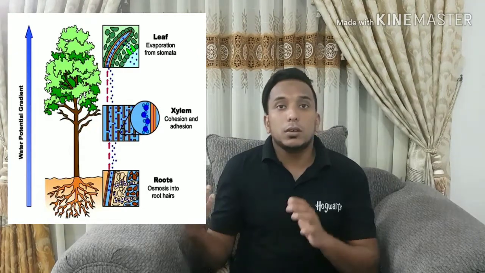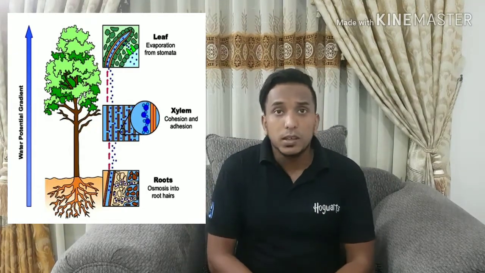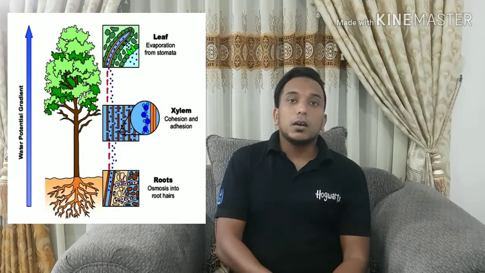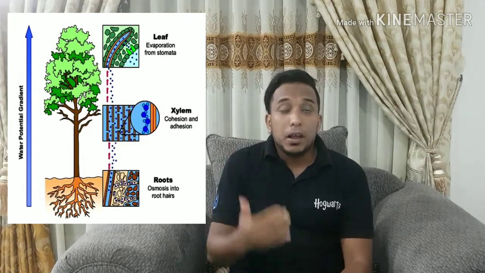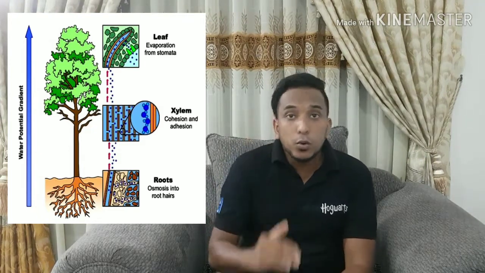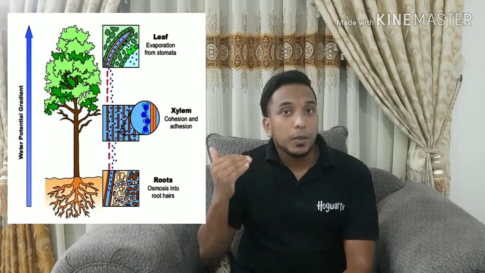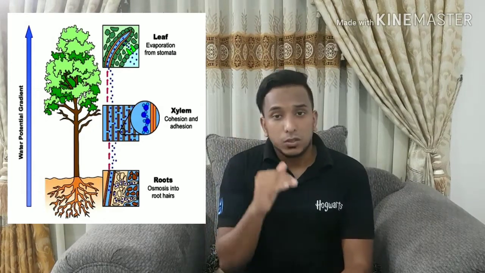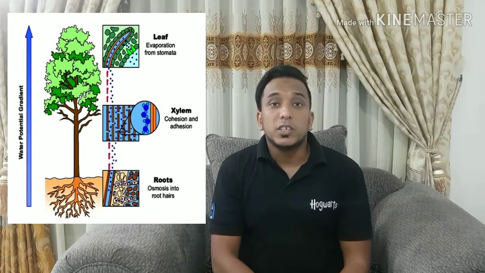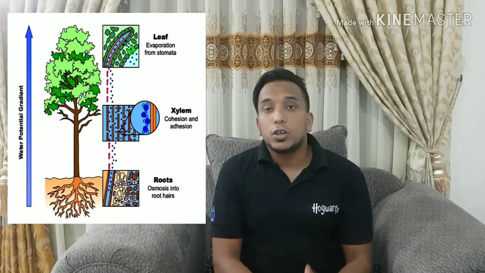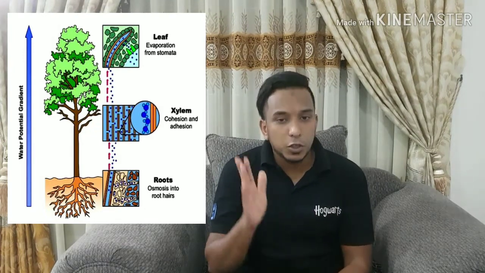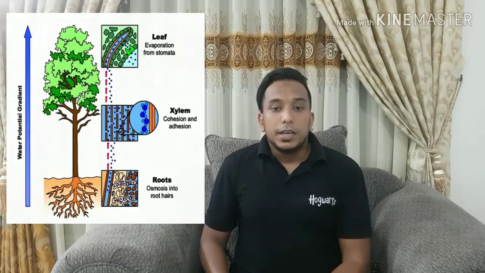So you know the plants absorb water through their roots, and there should be a mechanism for the plants to transport water from their root to the shoot, from the bottom of the plant to the top of the plant. So this is done by the special property of water due to the cohesive and adhesive forces of water, which will be discussed later in detail.